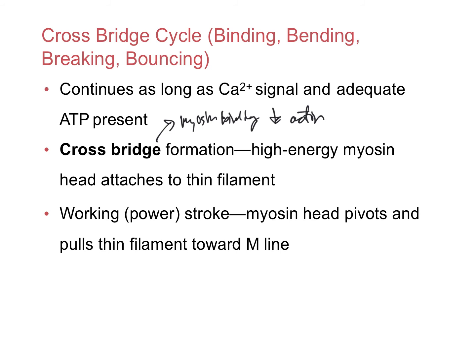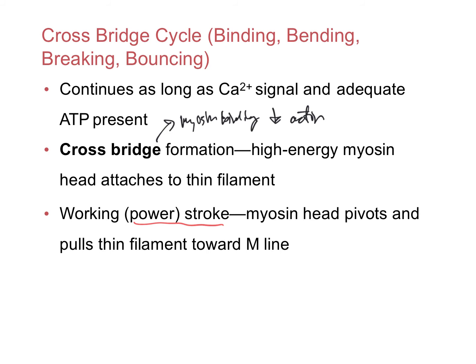That bending is what we call a power stroke. The myosin head here pivots and pulls the filaments inward. That is bending. So crossbridge formation, binding of actin to myosin happens, and as soon as the binding happens, the myosin head, because of its cocked position, bends right away.